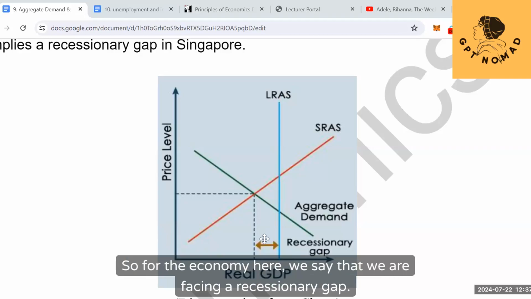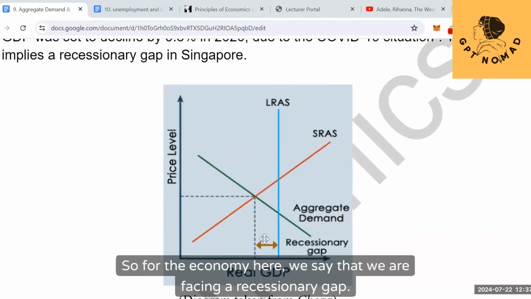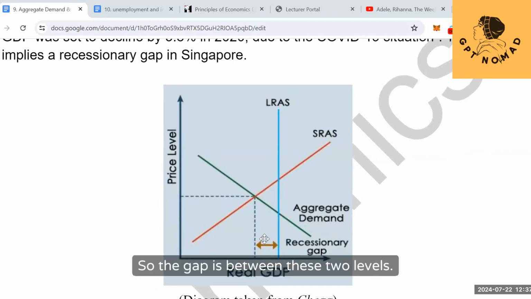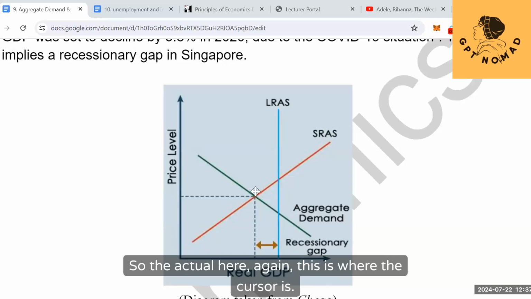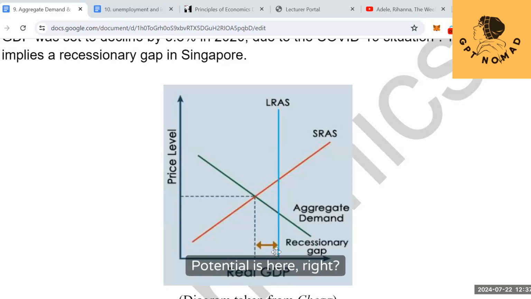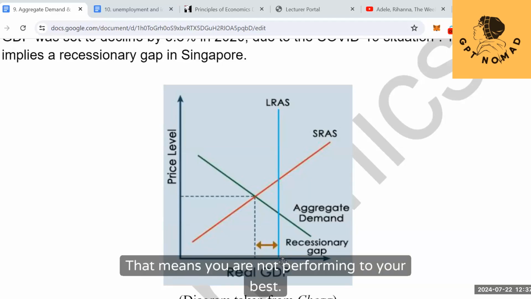For the economy here, we say that we are facing a recessionary gap. The gap is between these two levels: your actual output versus your potential output. The actual is here, where the cursor is, and the potential is here, the light blue line. So we are not getting the potential, which means you are not performing to your best.